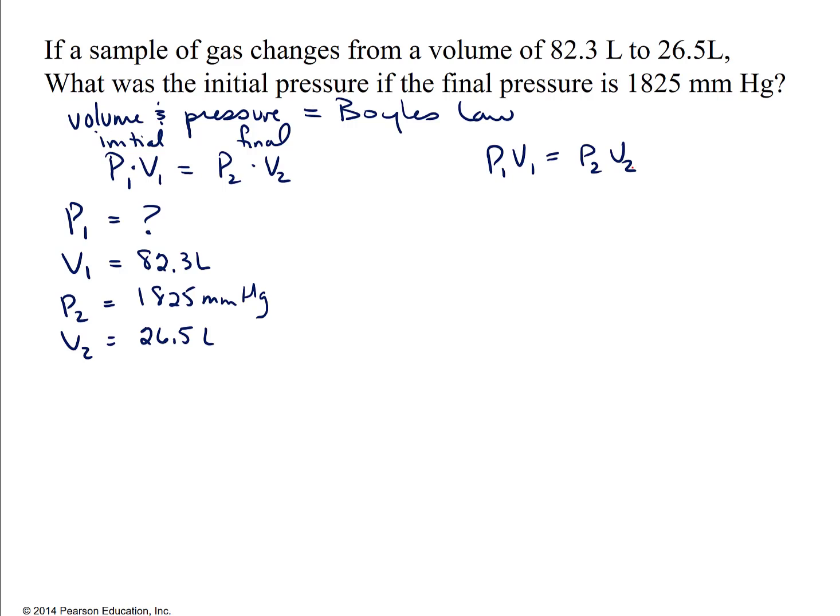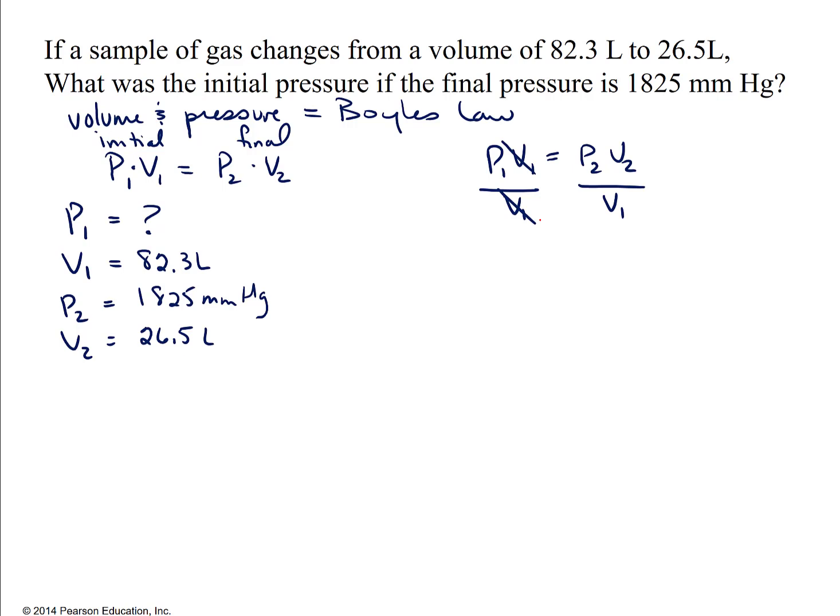So how do I move V1 from the left over to the right? Divide both sides by V1, right? Remember, you can do the same thing to both sides of an equation. So this and this then cancel. That's going to get P1 all by itself. So I always rearrange the formula because now all I have to do is plug in the numbers.